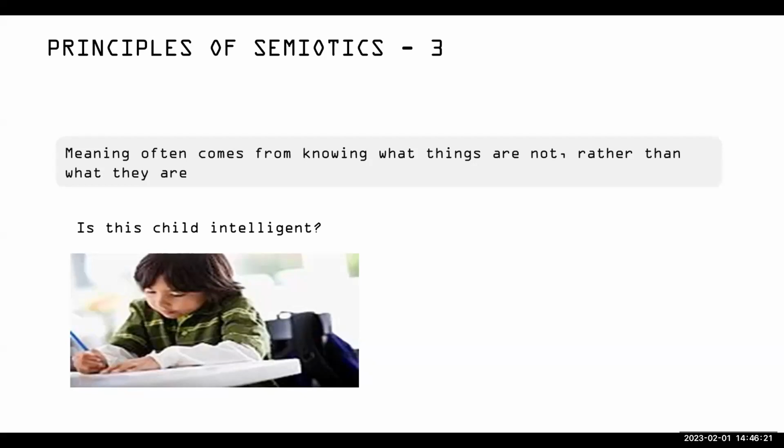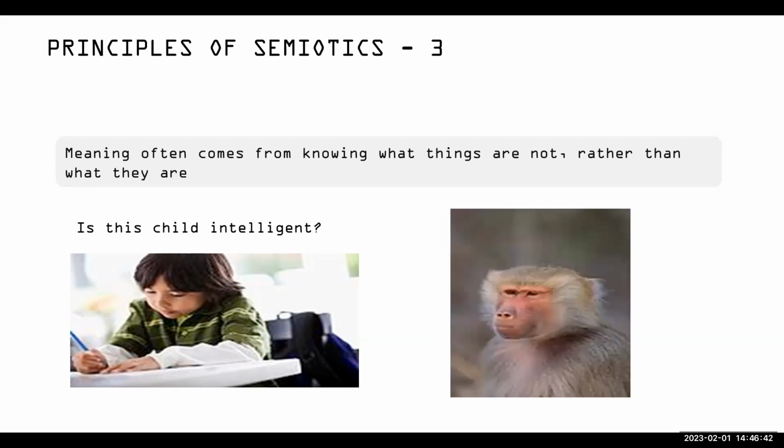So is this a child intelligent? When you see this image, you will say, well, is this a child intelligent? So obviously you're seeing a child who's writing, he's young, he looks a bit nerdy, he's got something else behind him, which seems like a bag full of books. So you would say, hi, he is intelligent, right?